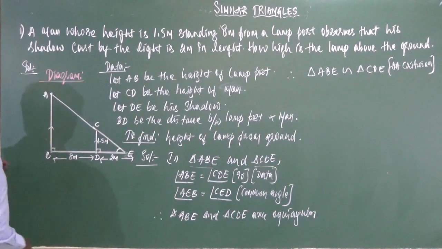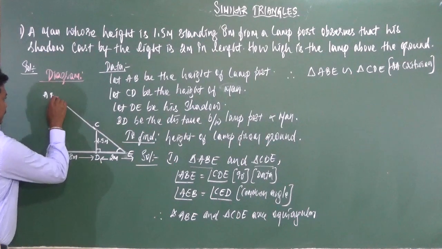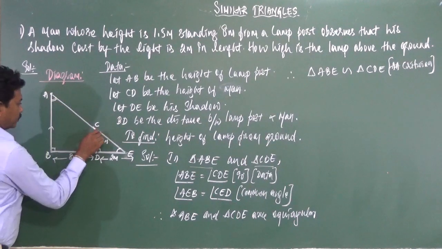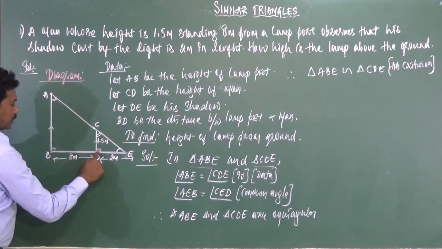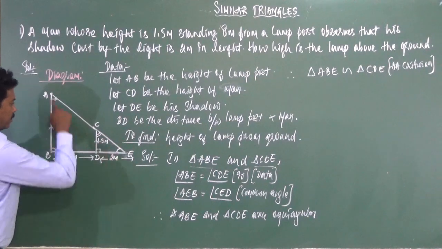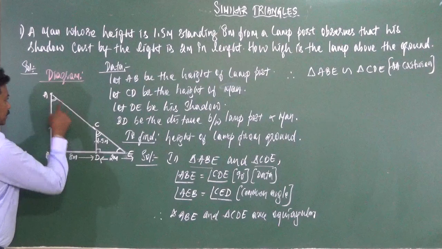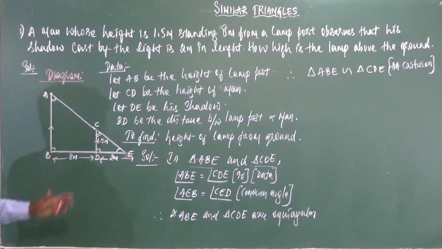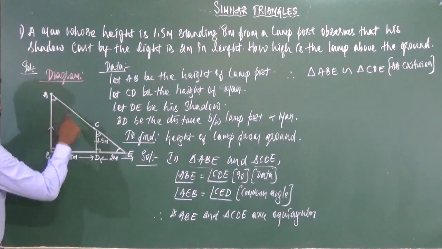Therefore we will take this angle, which is equal in both the triangles because both have 90 degrees and this angle is common for both. So this pair of angles becomes the third angle.